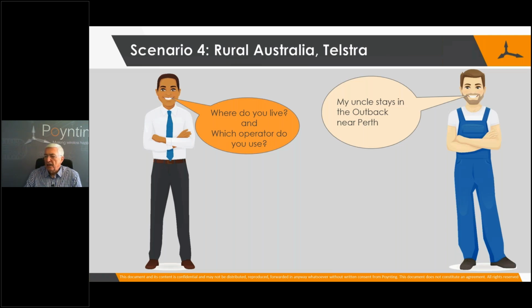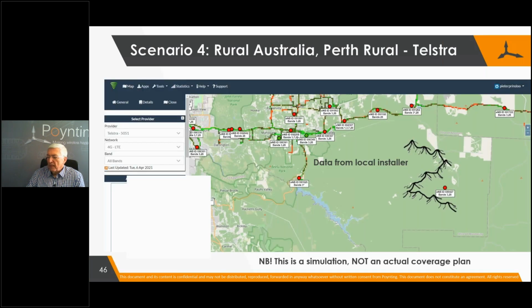So let's look at a rural scenario. Here we move to Australia, and let's say that we have a chap that lives in the outback near Perth, and his home is located there. So even though there's a tower that's close by, topographical issues always trip us up. So there's a mountain range.